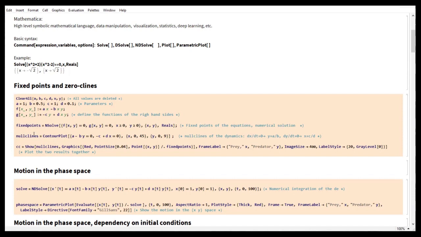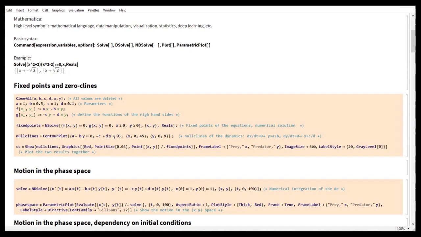And we define another vector which gives the nullclines of the system. That is the so-called ContourPlot command. We look for all of the y values where this equation is 0, and all of the x values where this equation is 0.